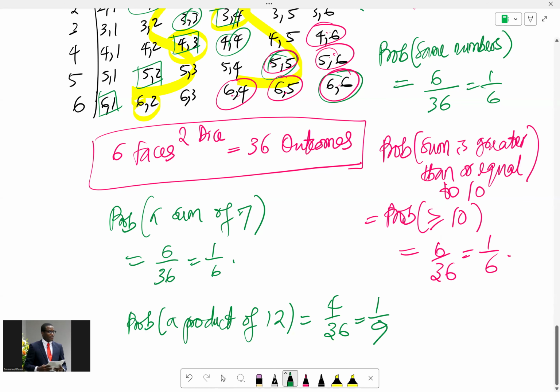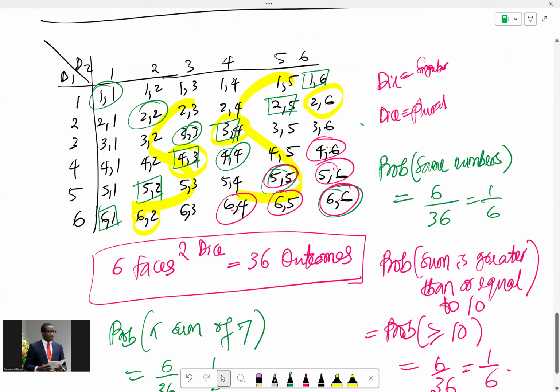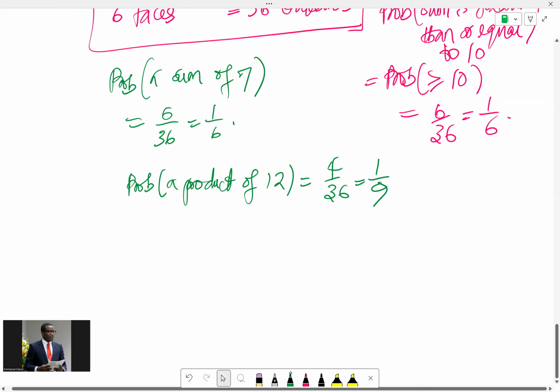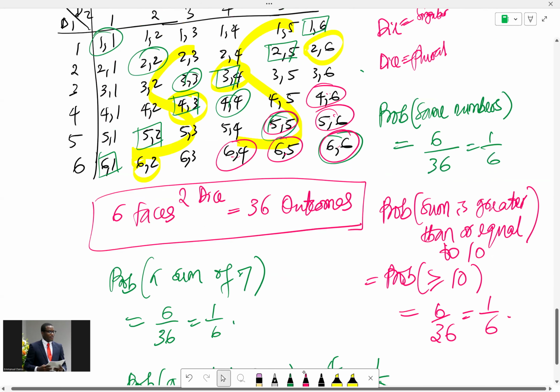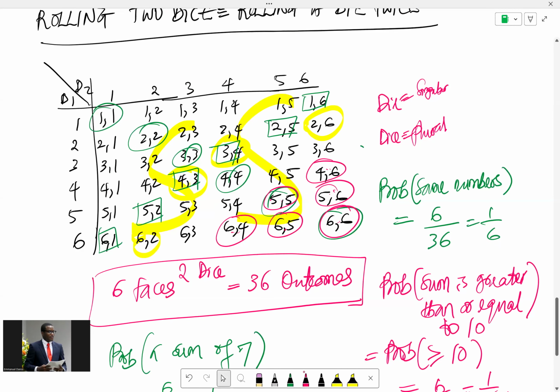So you can have all kinds of questions arising from here. You can have questions about sum or difference. Let me say difference. What is the probability to get a difference of 1? Let me use red again. 2 1, 1 2 will give you a difference of 1.